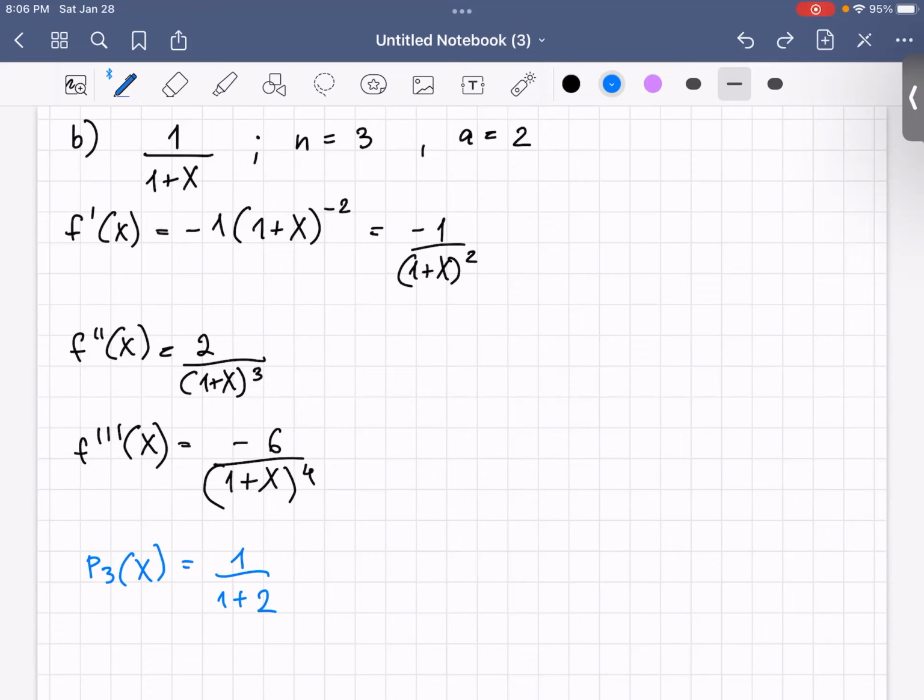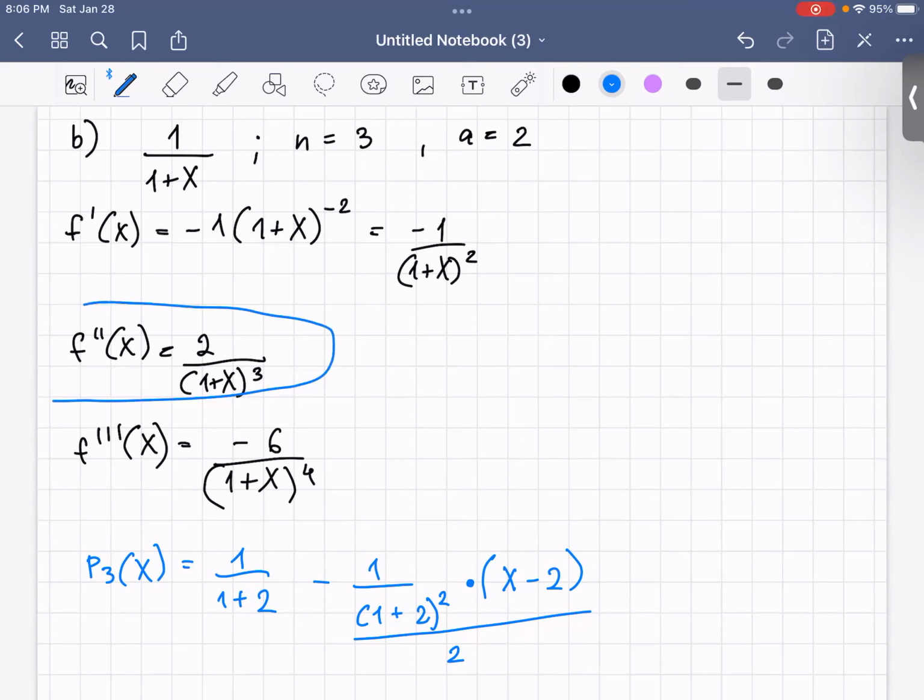So then the next one is negative 1 over 1 plus 2 squared times x minus 2 over 2. So this is just according to the formula we saw in the previous example. The next one is this one.